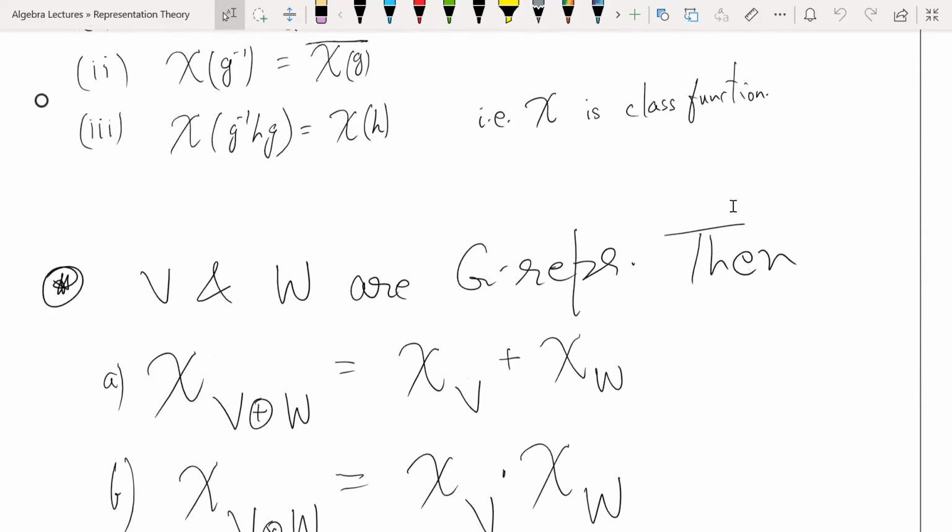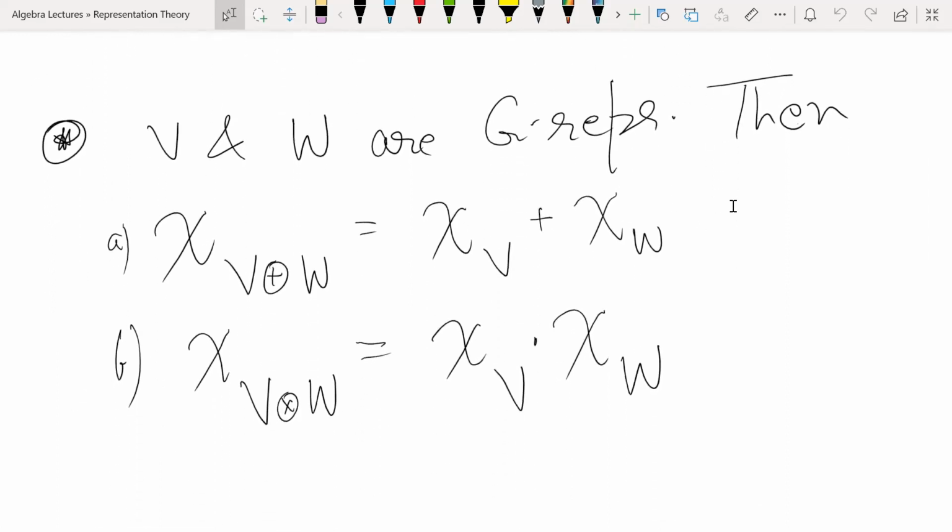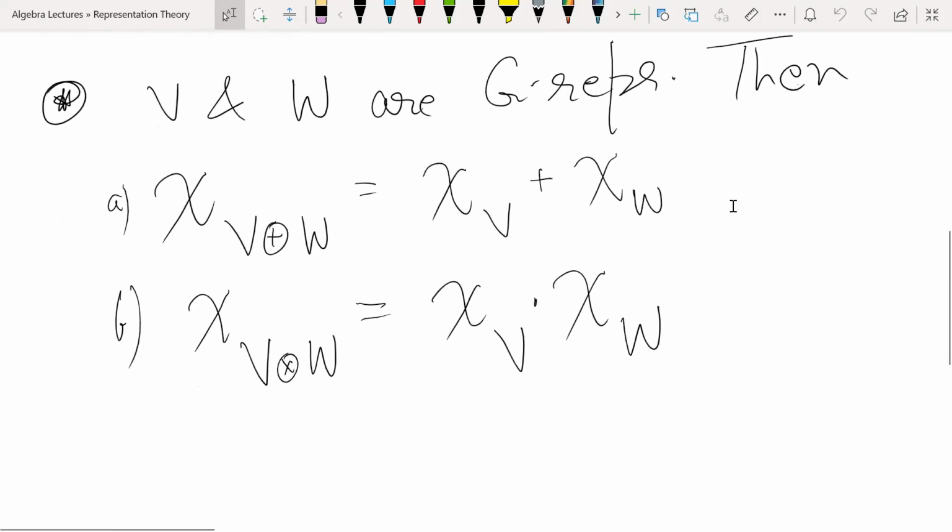Then just by definition, by looking at how the representations look, we notice that if V and W are representations, then the character of V plus W is the character of V plus the character of W, and the character of V tensor W is the character of V times the character of W. And there were two more representations which I should have mentioned here.